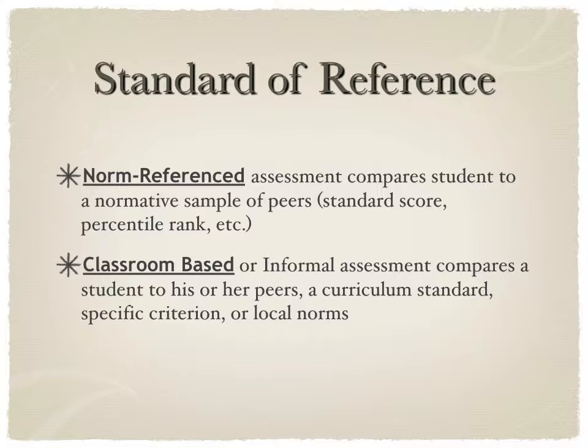And norm reference tests most commonly report what is called a standard score and a percentile rank. And we'll talk more about that later on. But just be aware that standard scores and percentile ranks are relevant to norm reference tests, and they give us information about how the child performed in relation to other children in the normative sample.